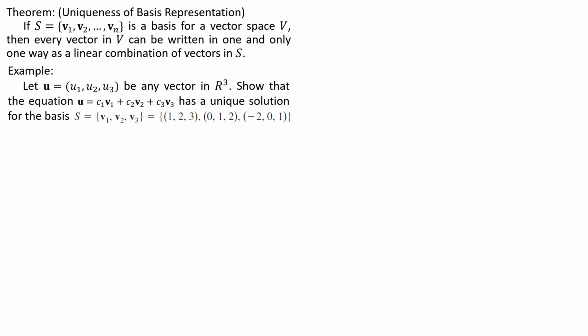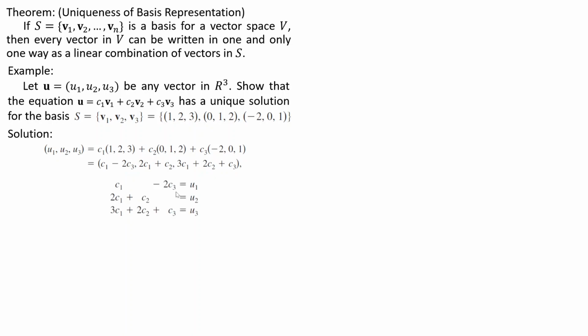So for the solution, first we substitute this given set S, or these vectors, in this equation. So we have, okay, which is equal to this one, which is equal to this. So from here we form the linear system with the unknowns c sub 1, c sub 2, and c sub 3.